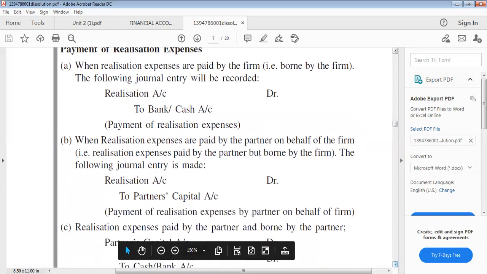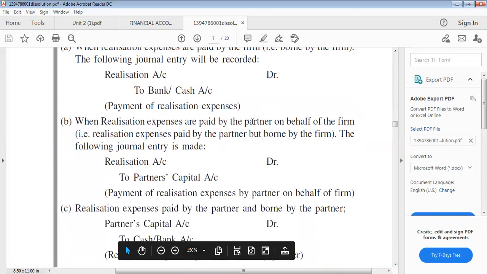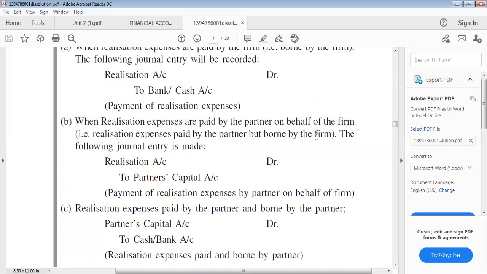When realization expenses are paid by the partner on behalf of the firm, that is, realization expenses paid by the partner but borne by the firm, the following journal entry is made: debit realization account and credit partner's capital account.